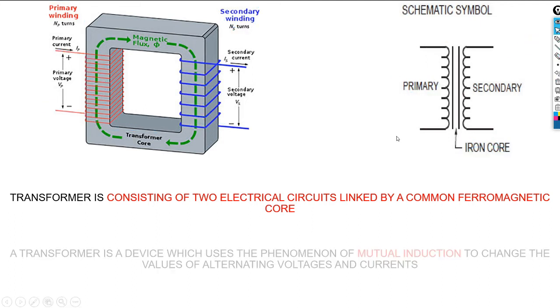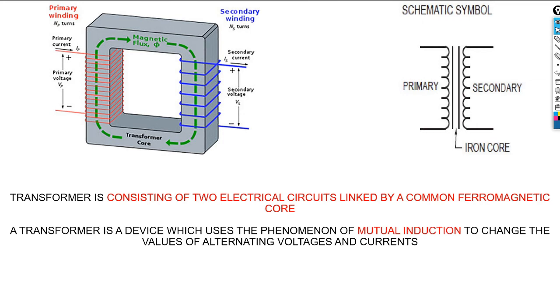On our second point, we're going to say that a transformer is a device which uses the phenomenon of mutual induction to change the value of the alternating current or alternating voltage. By mutual induction, what do we mean?